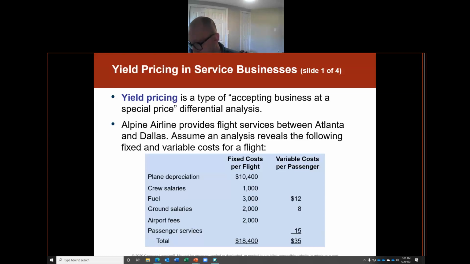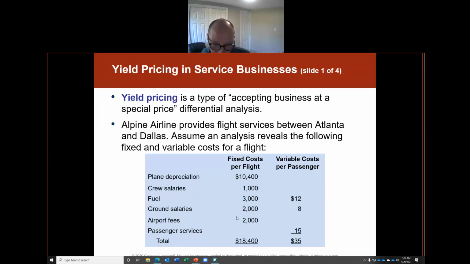Those of you in the hospitality industry, you'll like this example. This one is for airlines, okay? Airlines is part of hospitality, yes. Okay, so let's take a look. We have an airline that has a service between Atlanta and Dallas. We have an airplane on that route. The plane depreciation, $10,400. Crew salaries, $1,000. Fuel, $3,000.